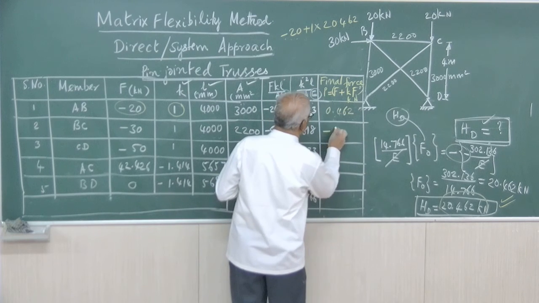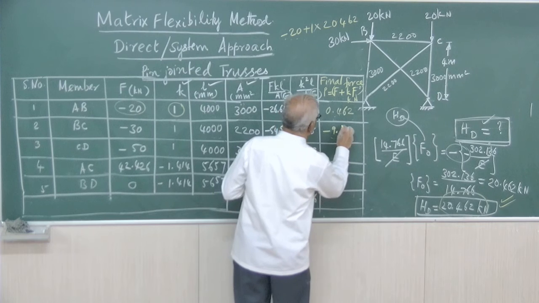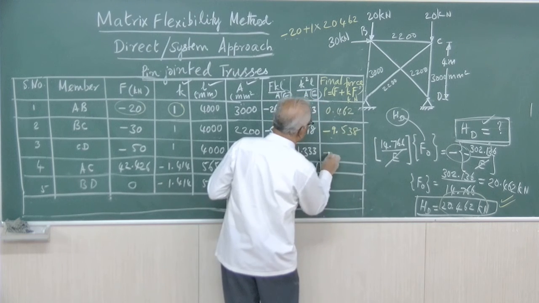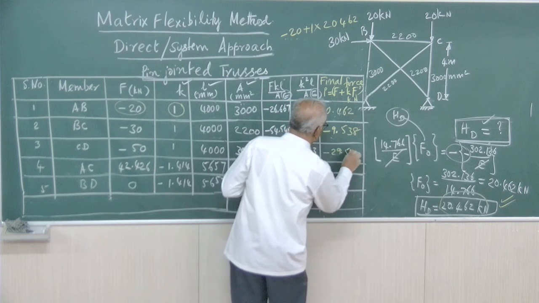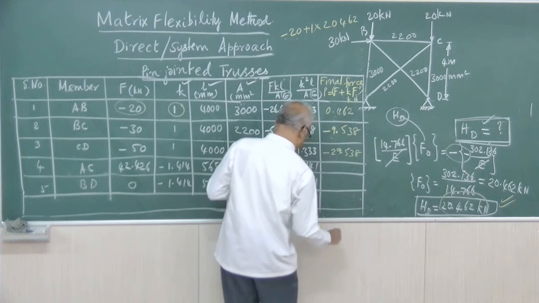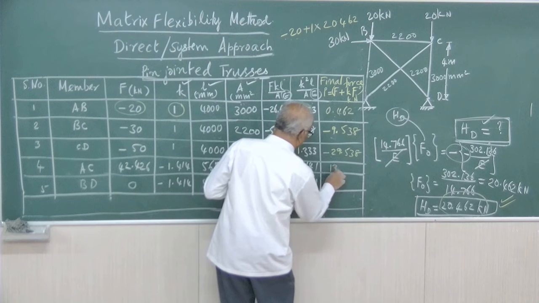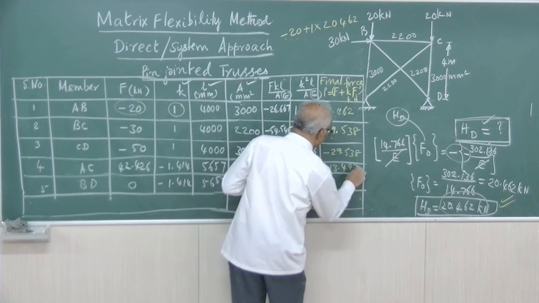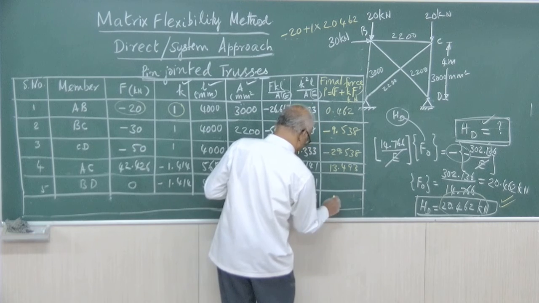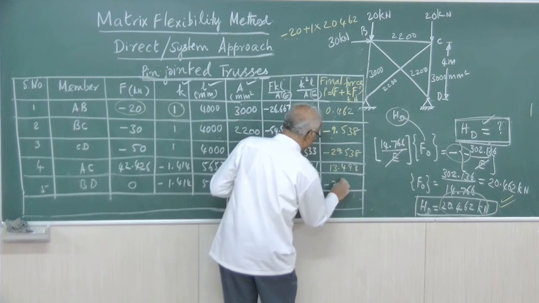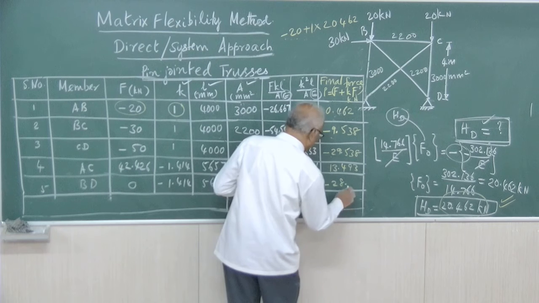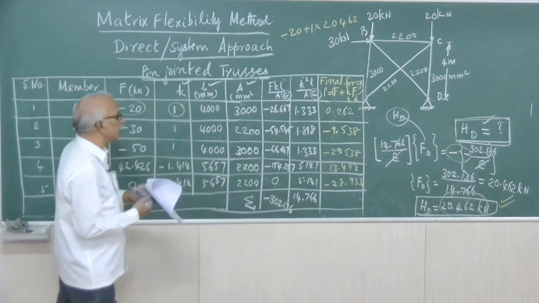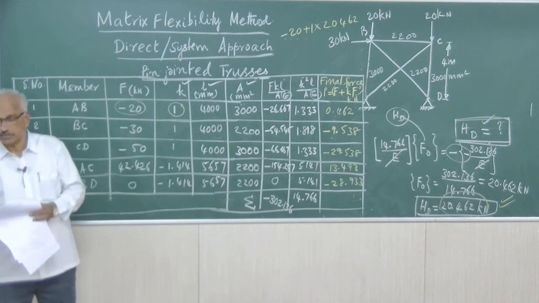The others are minus 9.538 kilonewton, minus 29.538 kilonewton, 13.493 kilonewton, and minus 28.933 kilonewton. That is about the final force in various members.